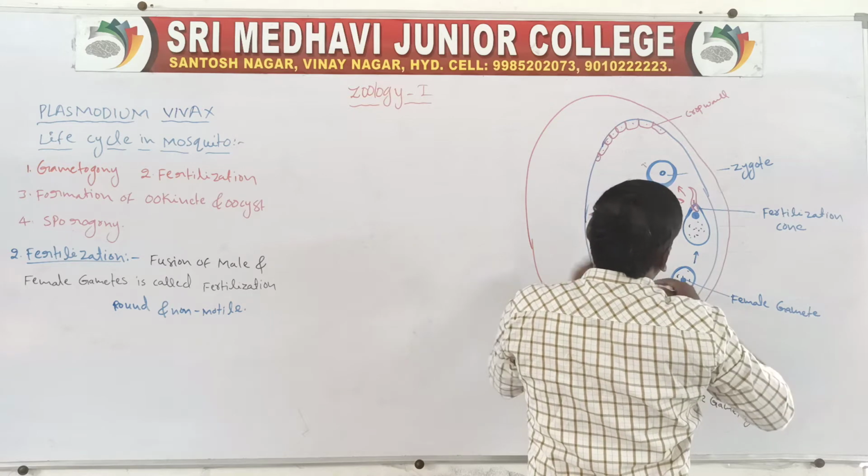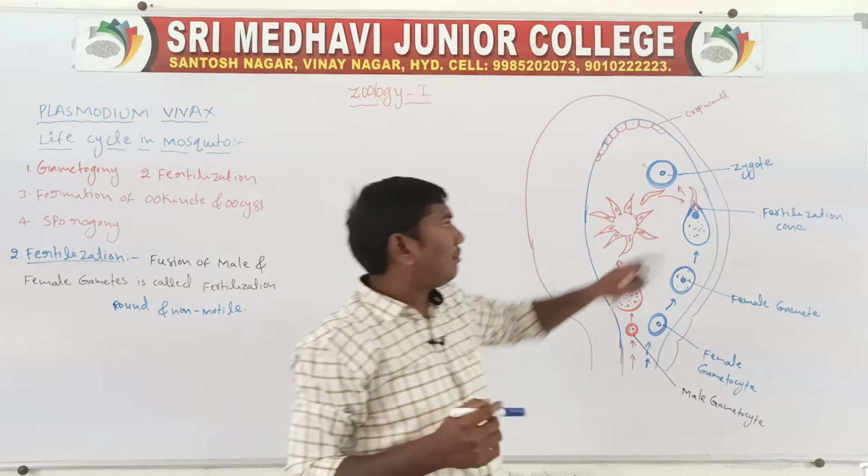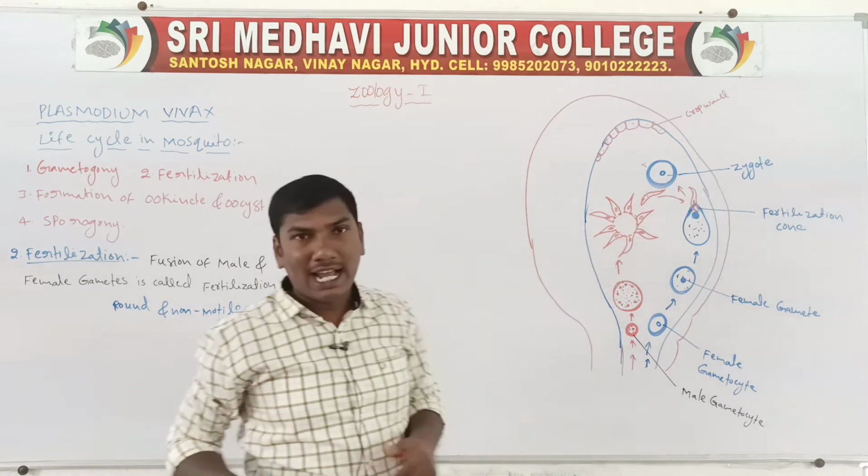The zygote is formed. At fertilization time, the fusion of male and female gametes forms the zygote. The zygote is round and non-motile.